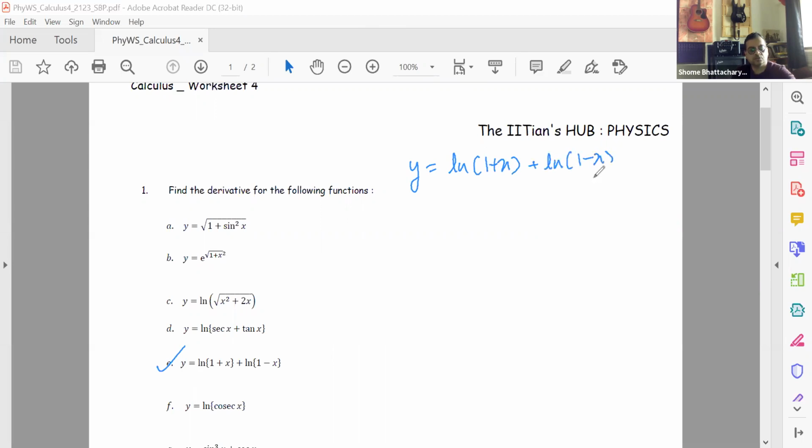So we can do a couple of things. One is we can use property of log. Okay, this you're familiar with, right? So let's use this.